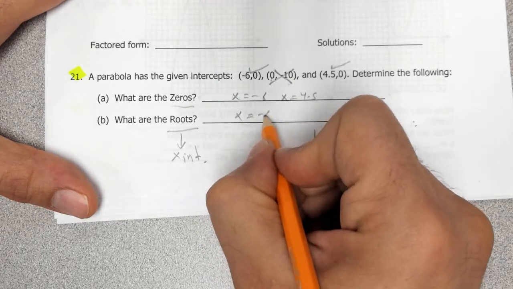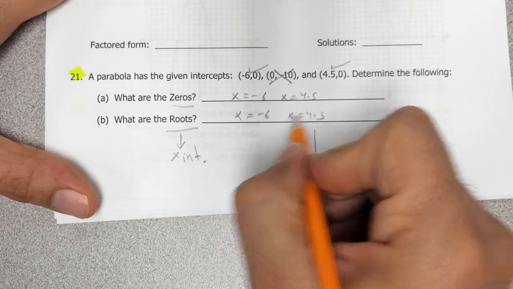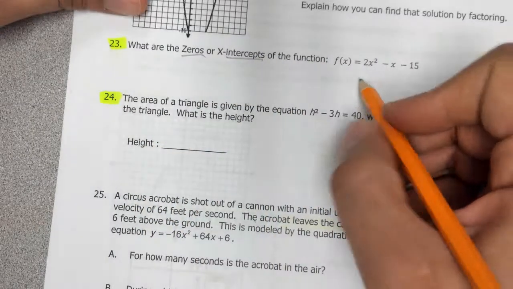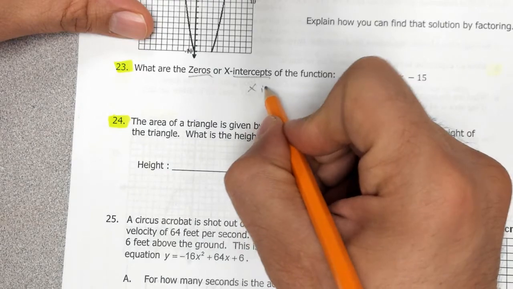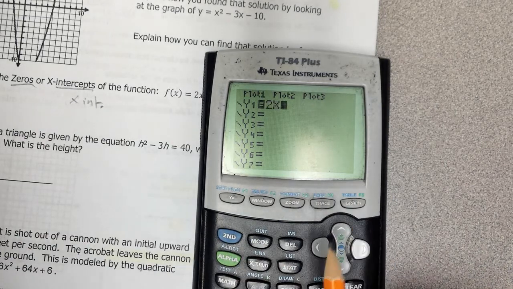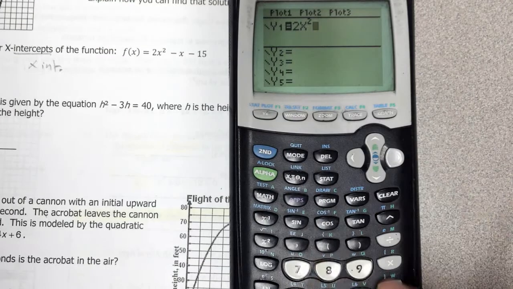And this is also the same thing because those two words mean exactly the same. The zeros and x-intercepts, again, are just the x-intercepts. So all you have to do is graph this in the calculator: 2x squared minus x minus 15.